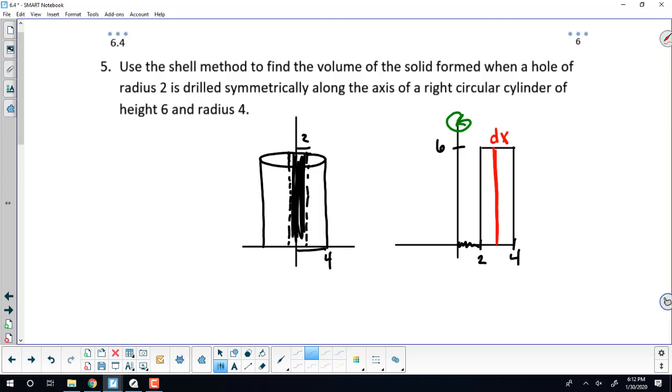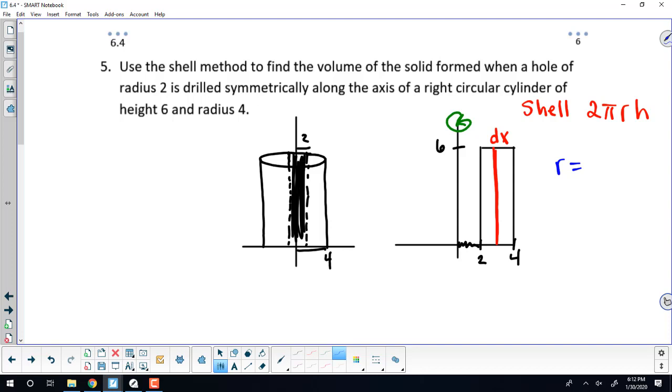And then the shell method. I don't guess it says shell, but we're going to use the shell method. 2 pi RH: we've got to identify the radius of each of our slices and the height of each of our slices. So the radius would be what? The radius of the cross section that we're looking at now.